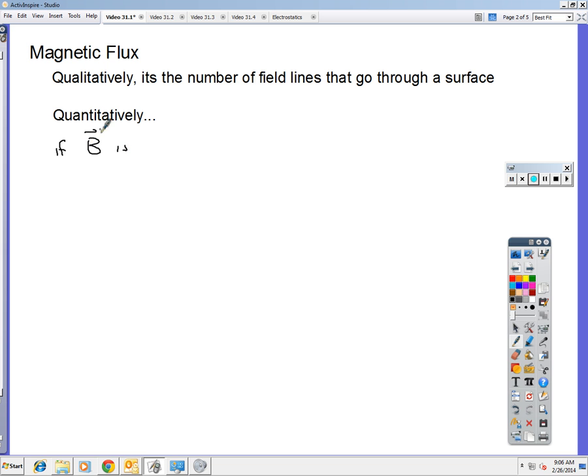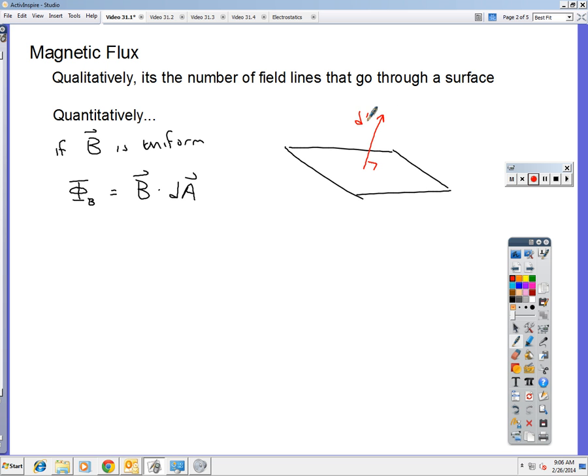If the magnetic field is uniform, meaning the same everywhere, the magnetic flux equals B dot dA, where the area vector is defined in the same way we defined it when we were talking about electric flux, meaning as perpendicular to the surface. And that means that if the magnetic field points like that, and that angle's theta, it becomes B times A times cosine theta, or B times dA times cosine theta.